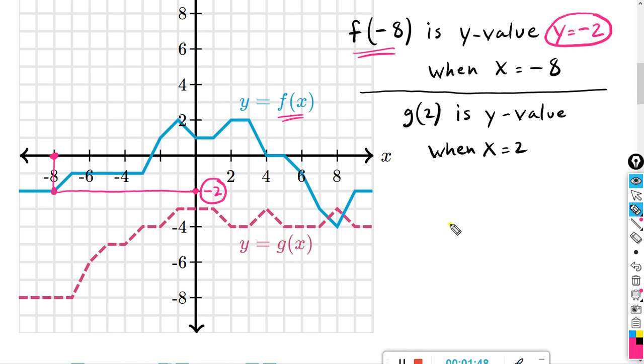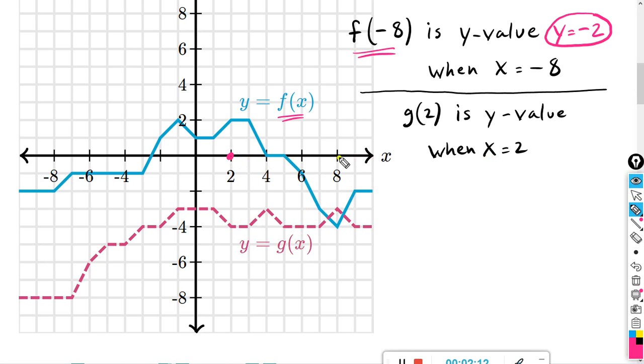And then for the other graph, we want to find g of 2, which is the y value when x equals 2. The g of x graph is the pink one here. So we're going to go to x equals 2.